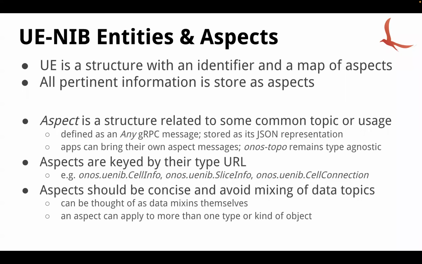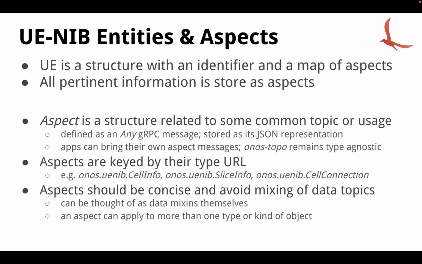The UE-NIB entities, now when I say entities, it's really an overstatement because the gRPC object that holds the information has just two fields in it. One is the ID, which identifies the user equipment. And then the other one is a map of the aspects which hold the rest of the information.